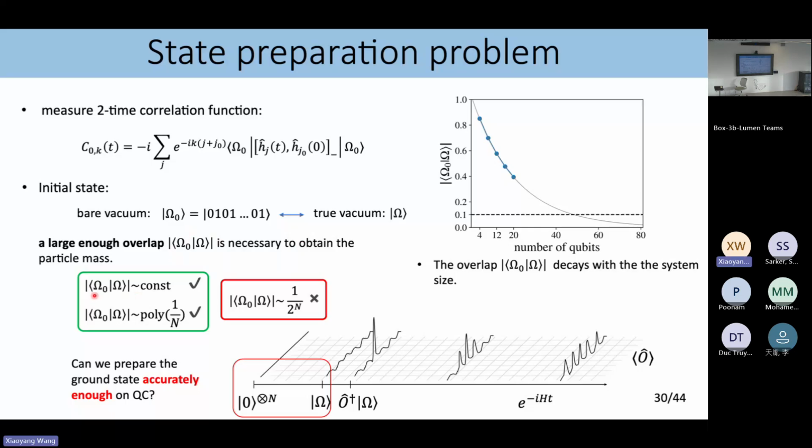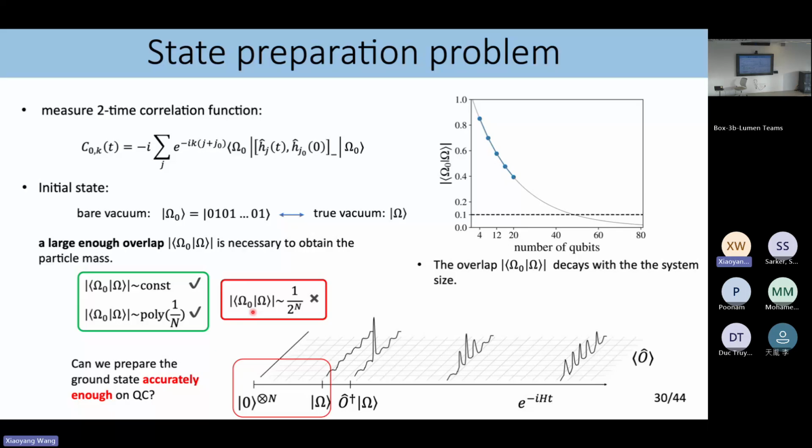For example, if this overlap only decreases as a constant or polynomially, this is okay, and we can measure the signal within a time polynomial in the system size. However, if the overlap decreases exponentially, we will need an exponential number of measurements to get the signal.